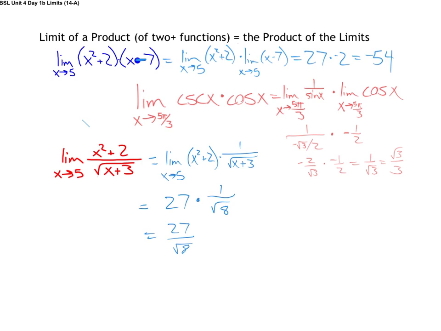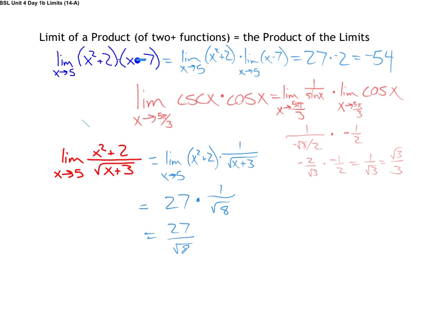I can really just think of the numerator and the denominator separately, see if both of those will evaluate, and if so, I can evaluate the whole thing, okay? All of that's going on up in your mind. Here we're just writing it down so that you can see it.